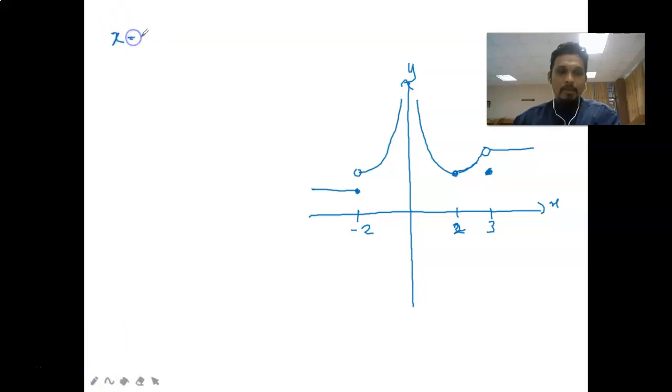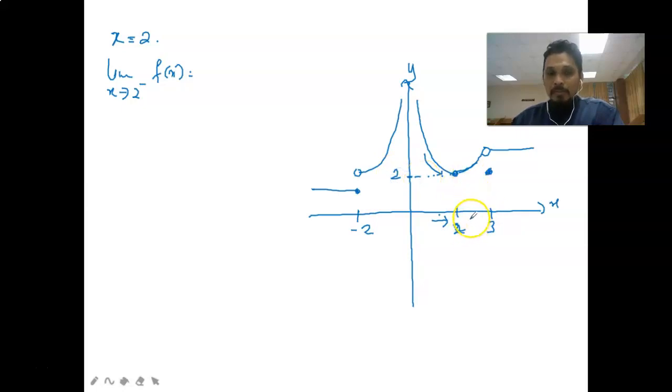When x equal to 2, the limit as x approaches 2 from the left of the function f(x), look at this one here now, the graph approaches a value of y which, according to this, is equal to 2.